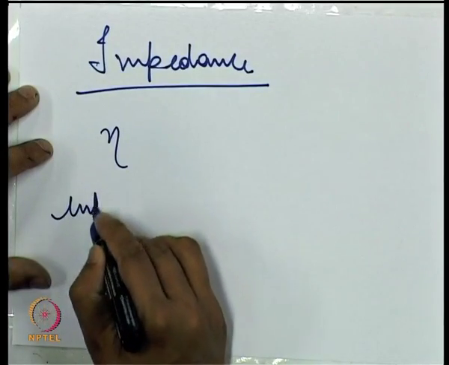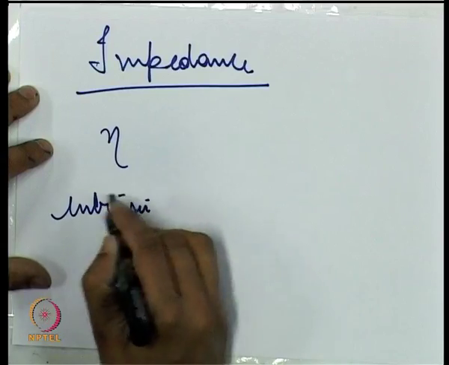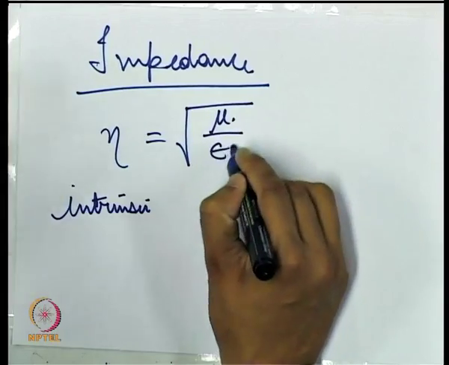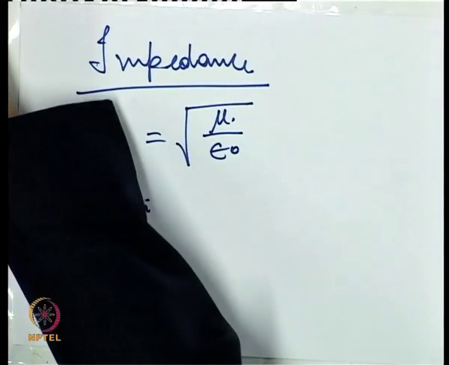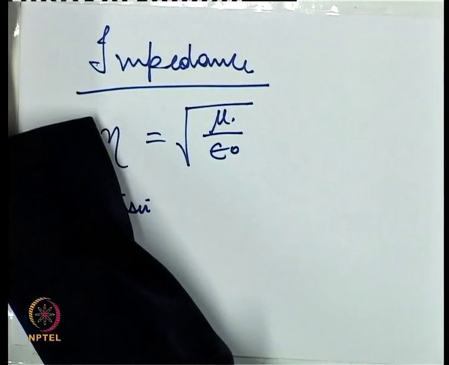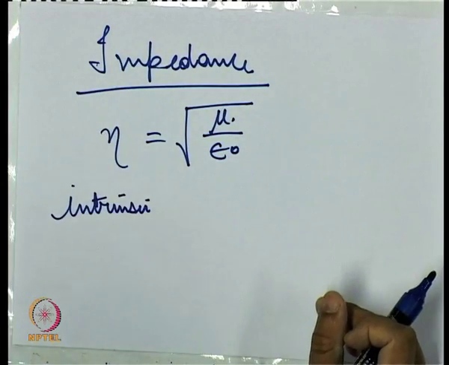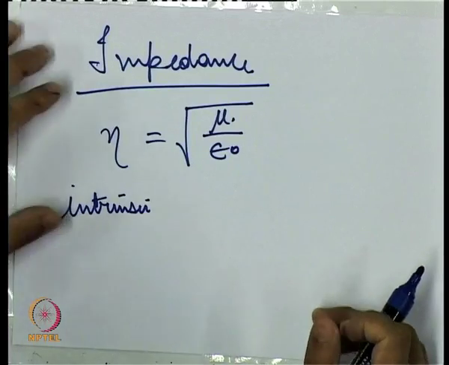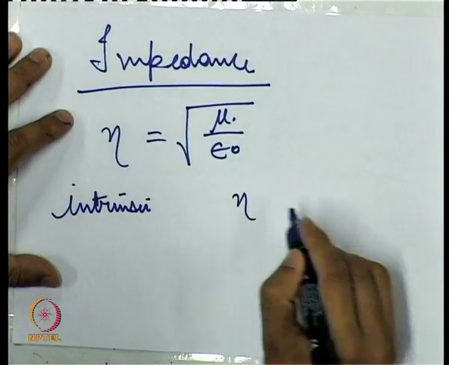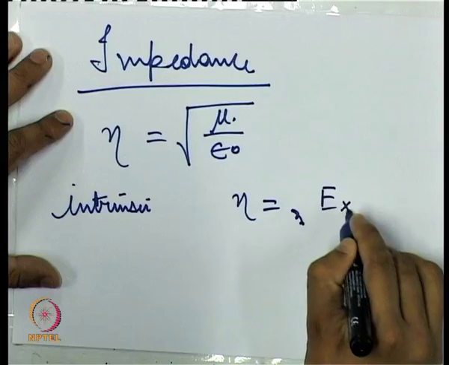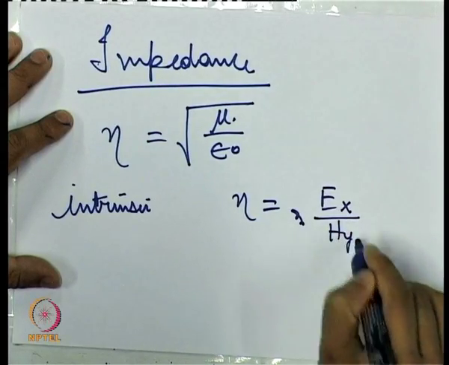We have already got a hint of something called intrinsic impedance, which is related to the property of the material and is given by the square root of mu upon epsilon. This is a value of impedance which is purely dependent on the properties of the material. In addition, we also have electromagnetic impedance, which is the ratio of the electric to the magnetic field.